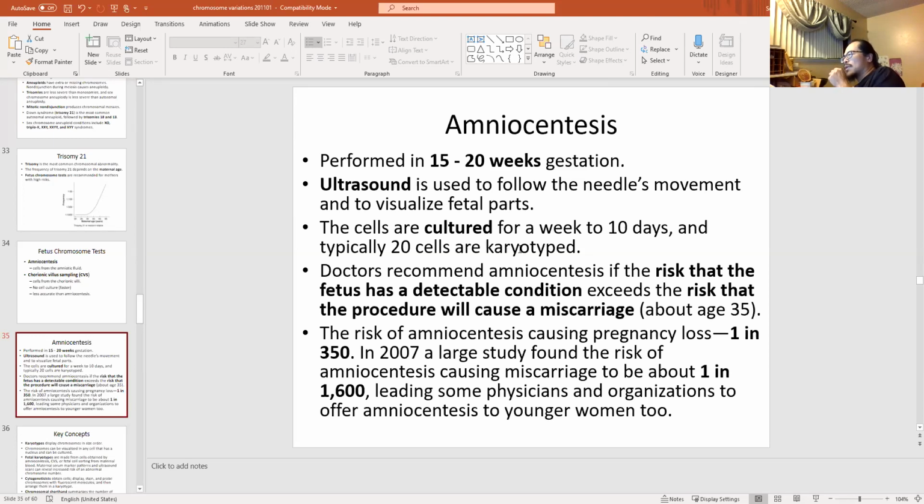Only when the risk of trisomy 21 is higher than the risk of causing miscarriage by the amniocentesis will the doctor recommend it. Otherwise, if this procedure provides a higher risk than the risk of developing trisomy 21, then it is not recommended.